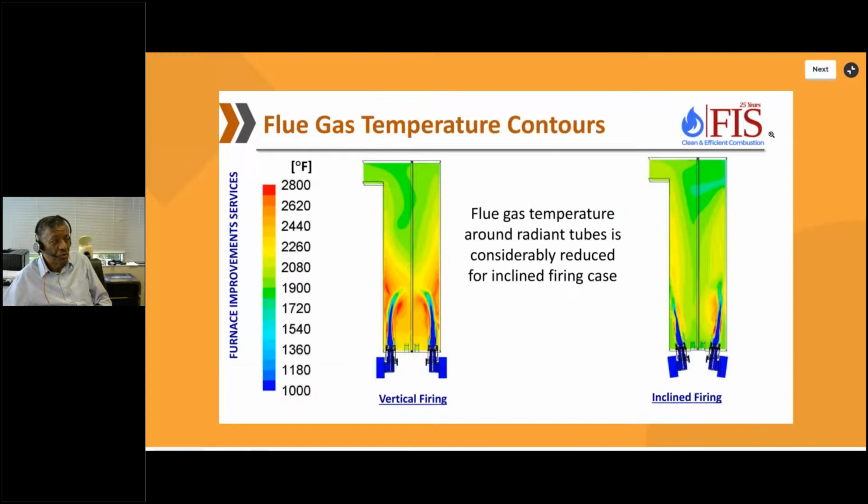I just want to show you a few of these things. You can see the difference. The flue gas temperature contours are closing in towards the tube, whereas when I do the inclined firing, those red zones kind of disappear.